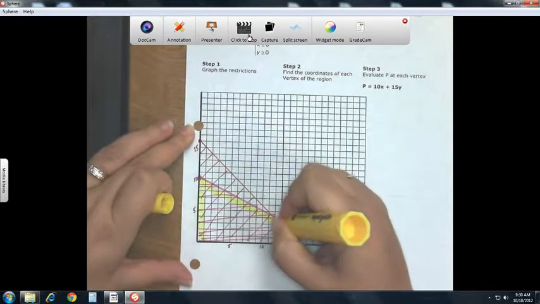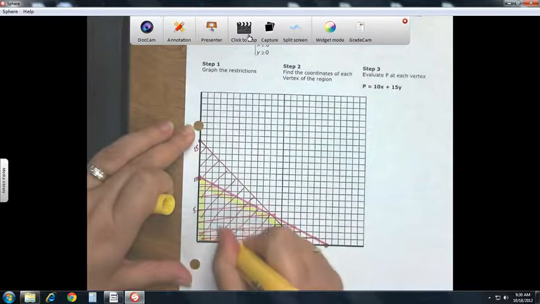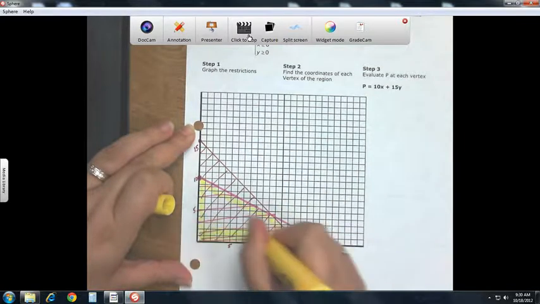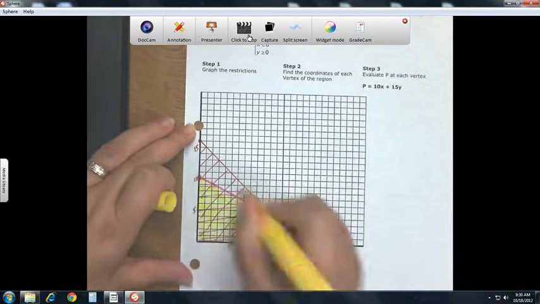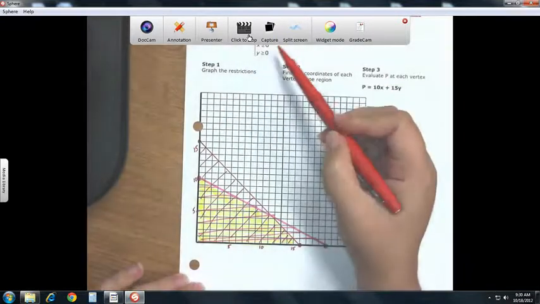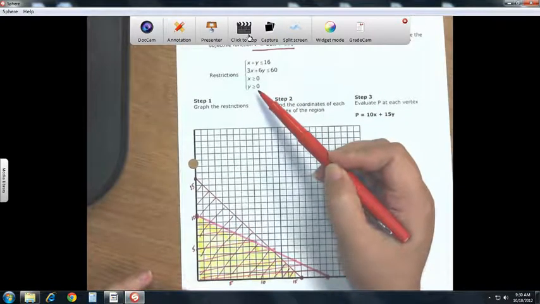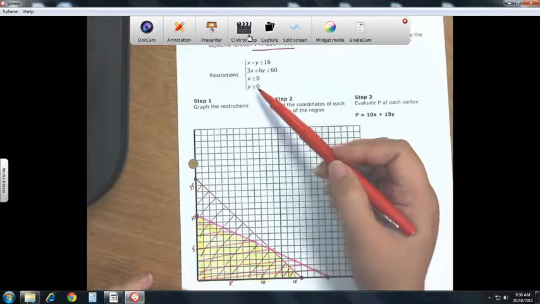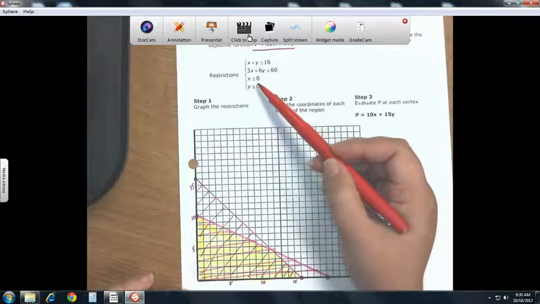And that is our solution area. Now, you're probably wondering why we have x greater than 0 and y greater than 0. In the real world, we're not going to sell less than 0 of something. So we're not going to go below 0 for either the x or the y. We're only going to work with the first quadrant.